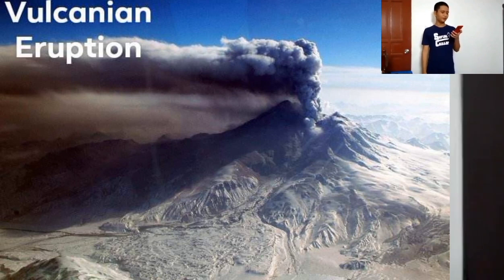Vulcanian eruptions are characterized by dense clouds of ash-laden gas exploding from the crater and rising high above the peak. They usually commence with phreatic eruptions, which can be extremely noisy due to the rising magma hitting water in the ground.